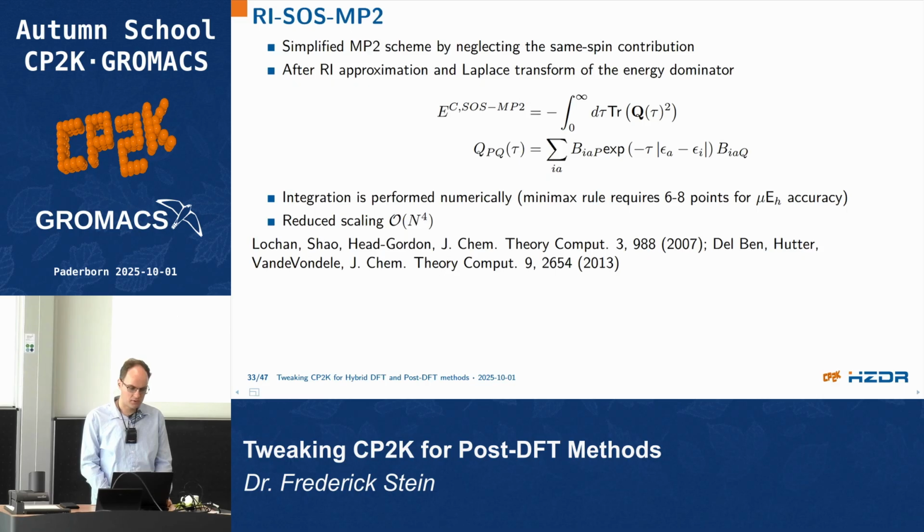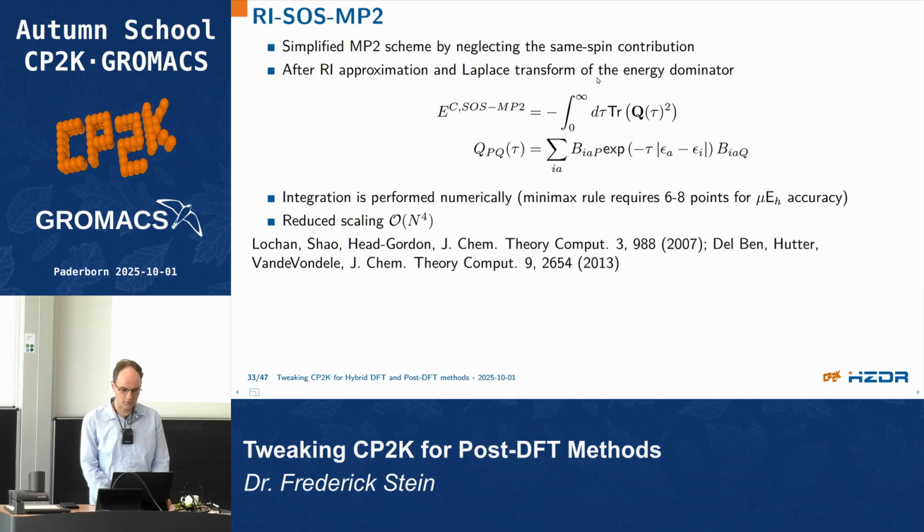It allows us to reformulate the whole theory into this integral here. This integral is a trace of a square of this matrix-valued function Q. And this Q is given by this multiplication, or contraction. This contraction has the advantage that it does not scale with the fifth power, but with the fourth power. So it is definitely cheaper than ordinary MP2.